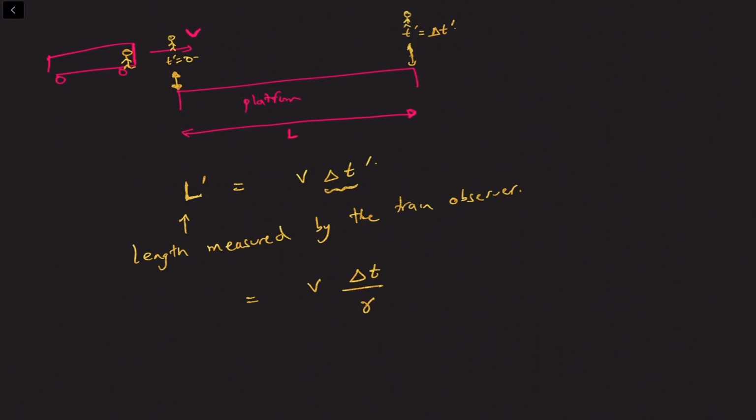Okay, and since the train is moving at a speed v, v times delta t should just be the length of the platform.